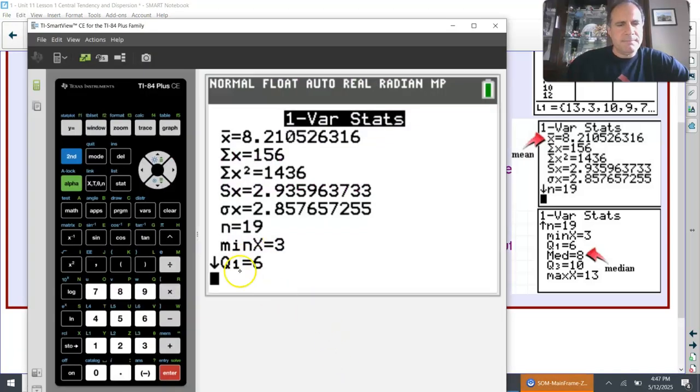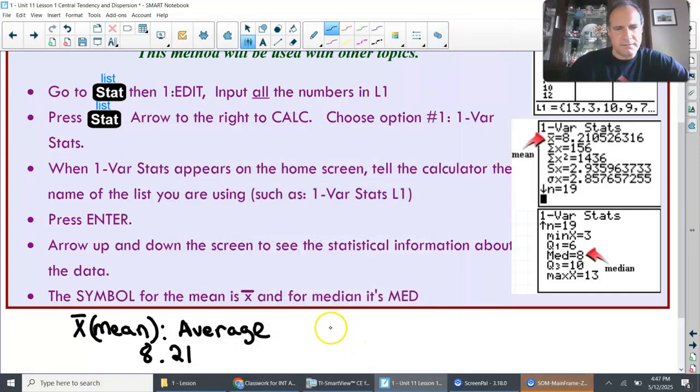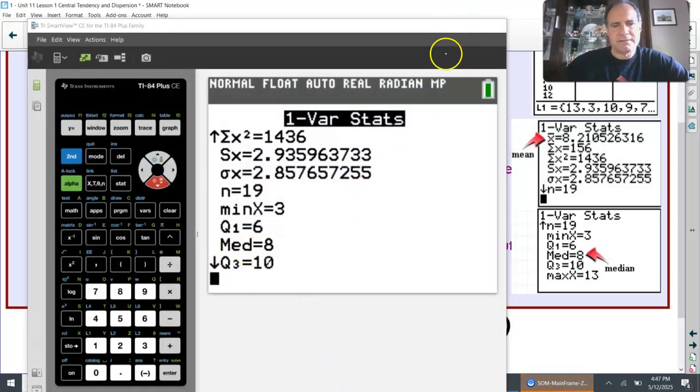The median is the middle number. Do you see it? You press down, and there's the median. It's 8. Median is middle, and that middle number is 8.